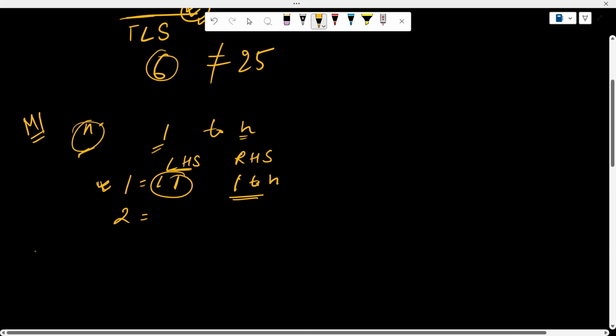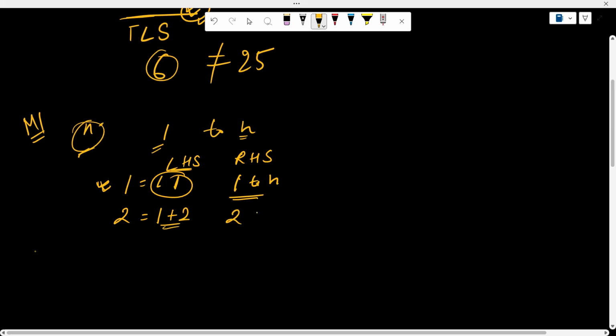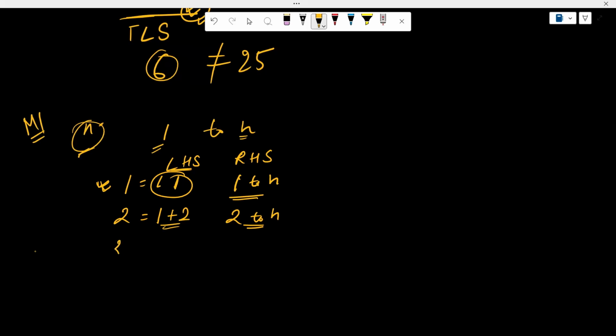Now, if 1 is not the pivot, then what will we do? We will add 1 plus 2 here, and from 2 to n on the right hand side, we will check whether it can be a pivot or not. Again, if it is not, we will add 1 plus 2 plus 3, and on the right hand side we will add from 3 to n.